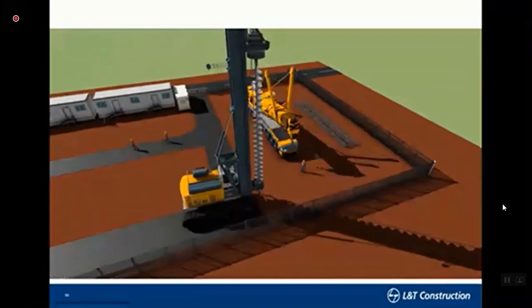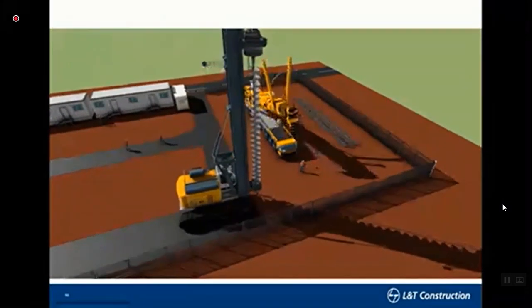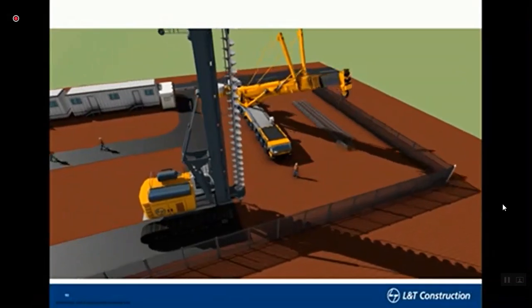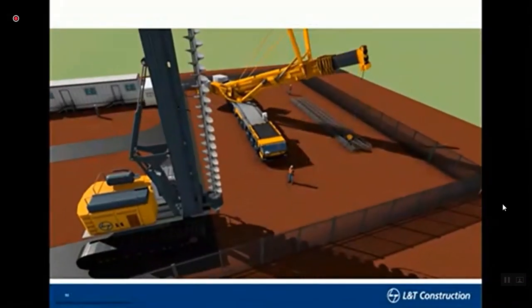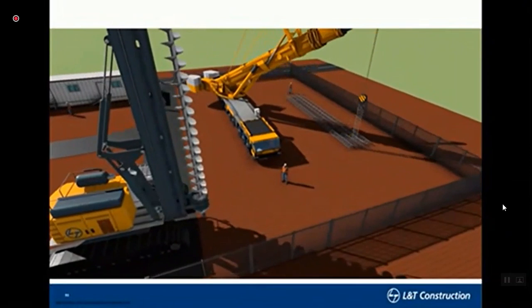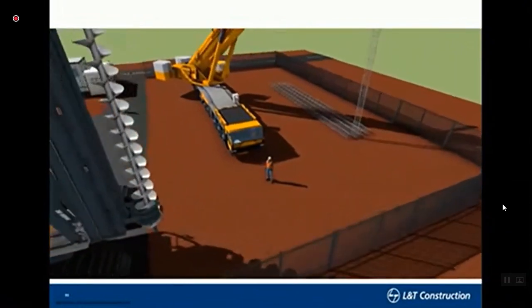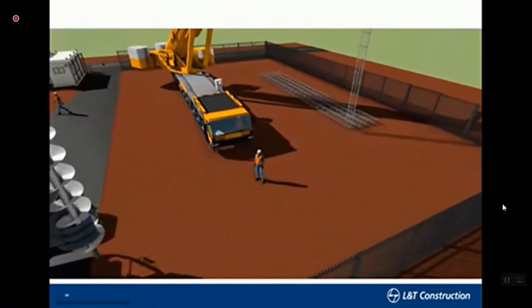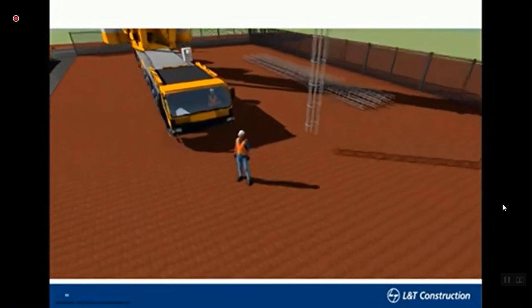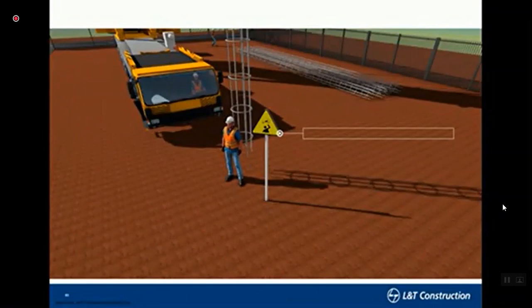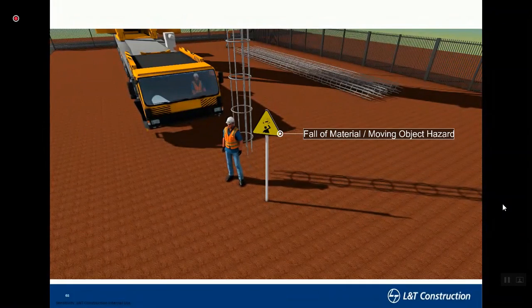Let us say a person here, as you notice, is standing in the wrong position. Here, he is standing in a place where he could get hit by moving objects or some materials falling from height, etc. Now, here this crane is lifting the reinforcement for a pile, but he is standing in its way, so he will get hit.